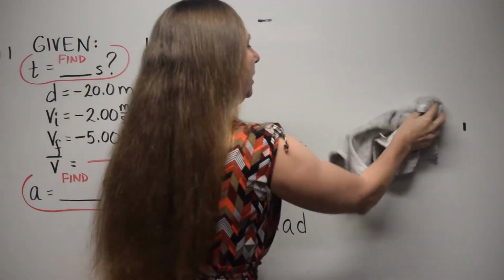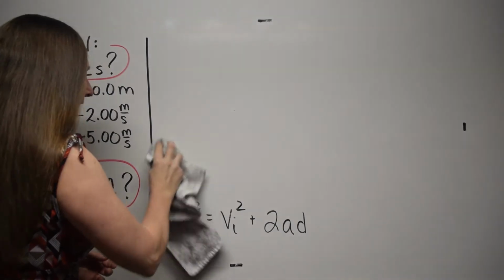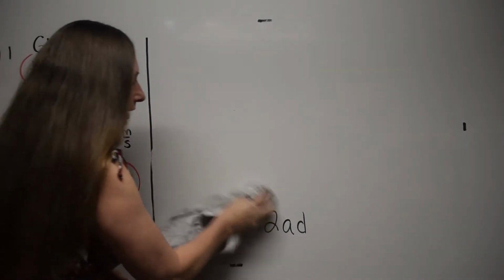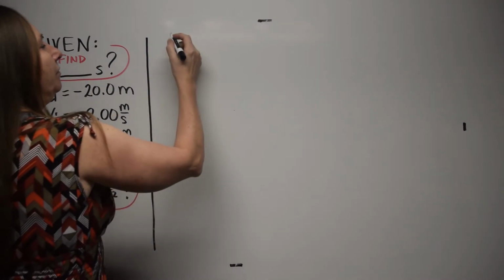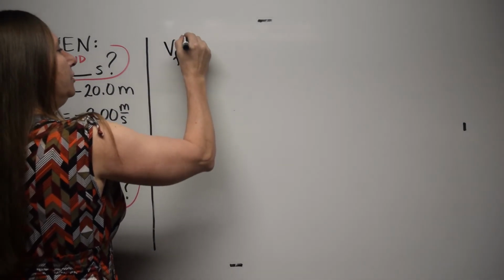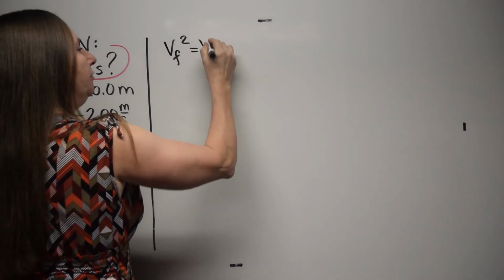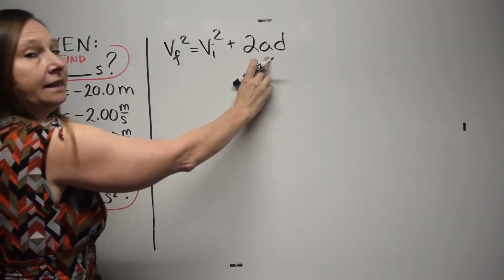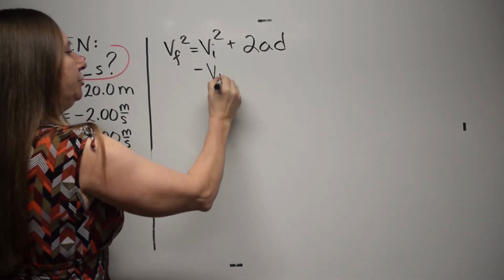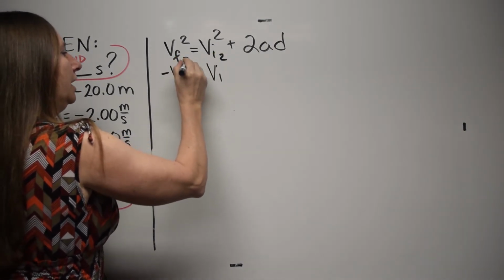Now, the other thing we need to do is get the A by itself on the left side. So we've got V final squared equals V initial squared plus 2AD. We're trying to get the A by itself. Let's subtract V initial squared from both sides.